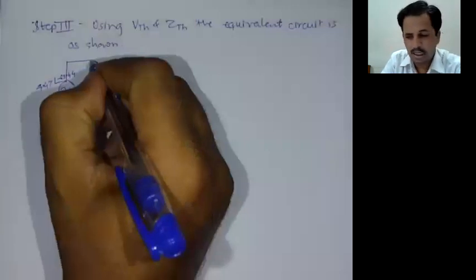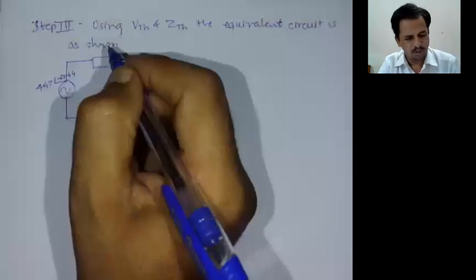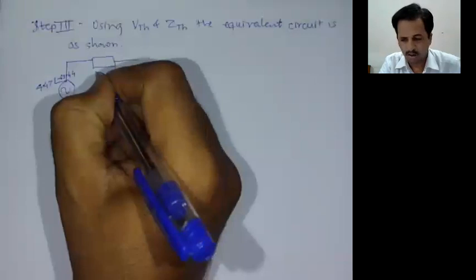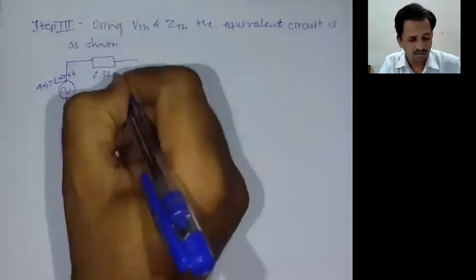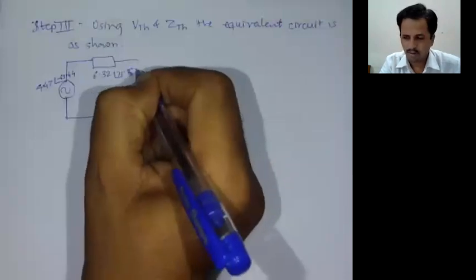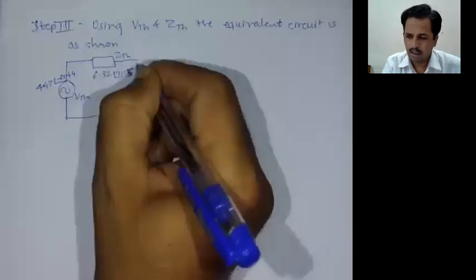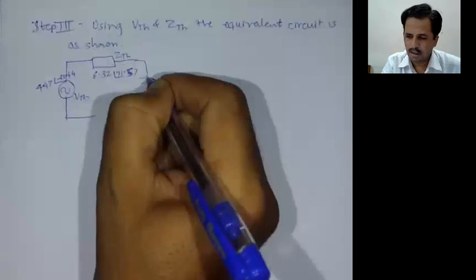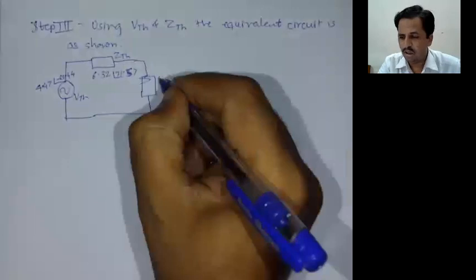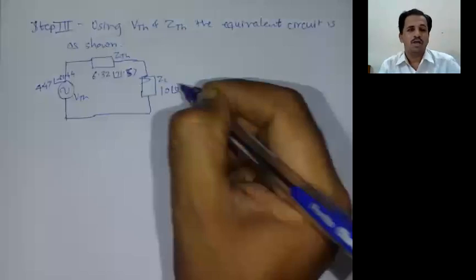Now ZTH I have to write as a block, because it is a combination of both quantities, that is angle format, and some reactive components should be present. Here it is VTH, ZTH, and the load resistance or load impedance. What is the load impedance value? That is ZL equal to 10, and it can also be represented as 10 with 0 angle.